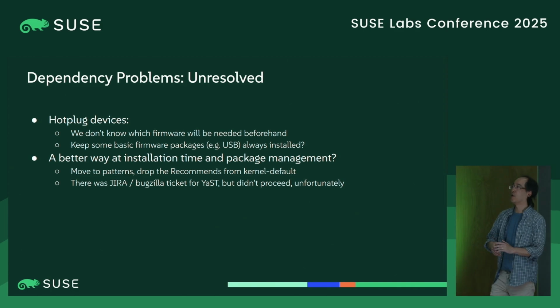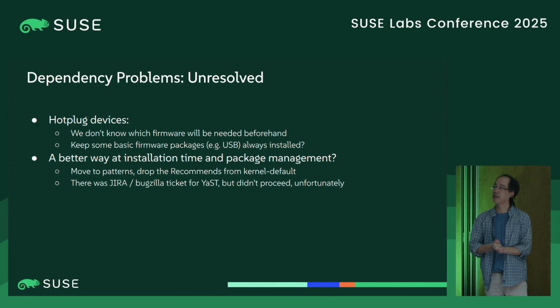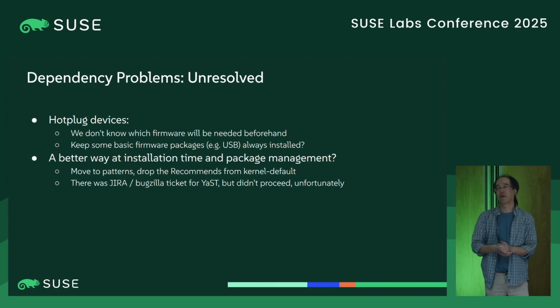Also, an open question is how to handle hot plug devices. You never know which firmware will be required in the future, depending on what you plug in. So we might want to have some basic firmware always installed, maybe. And we need a better way at installation time and in package management.